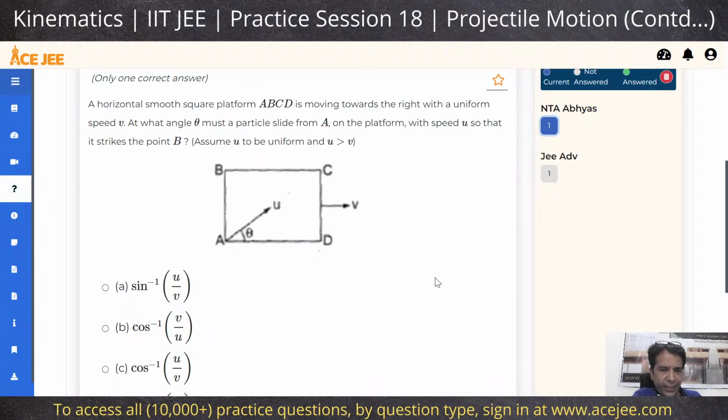At what angle theta must a particle slide from A on the platform with a speed u so that it strikes the point B?